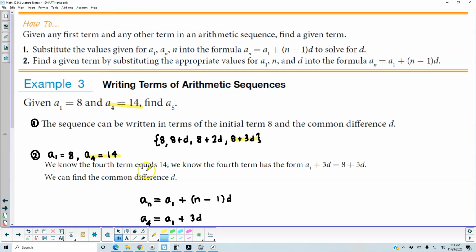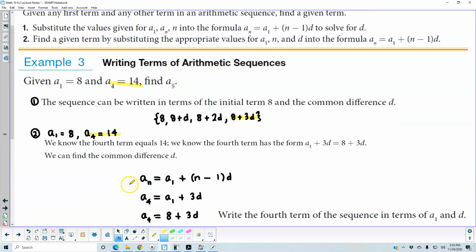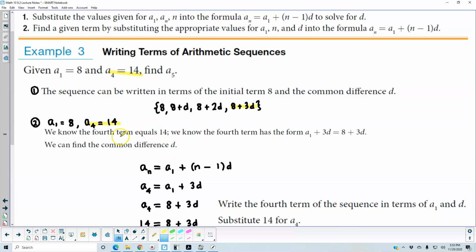So we know the fourth term is equal to 14, and we know the fourth term has the form a subscript 1 plus 3d, which is equal to 8 plus 3 times the common difference. So we can find the common difference using this information.